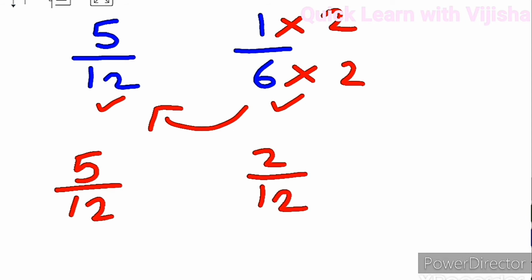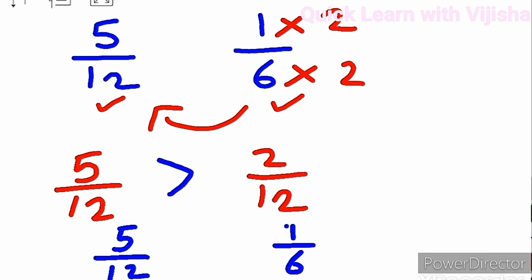Now it has become same. Denominators are same. So the greater numerator will be greater. That means 5 upon 12 will be greater. Understanding, children? Let's see question number 11.